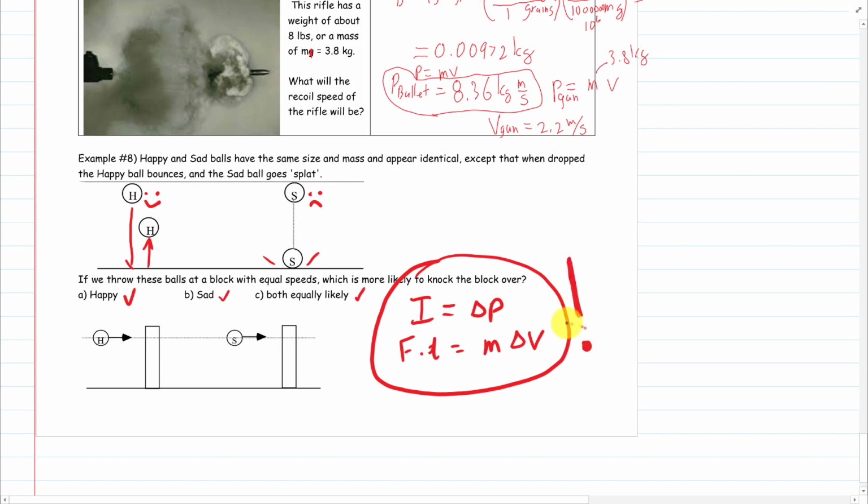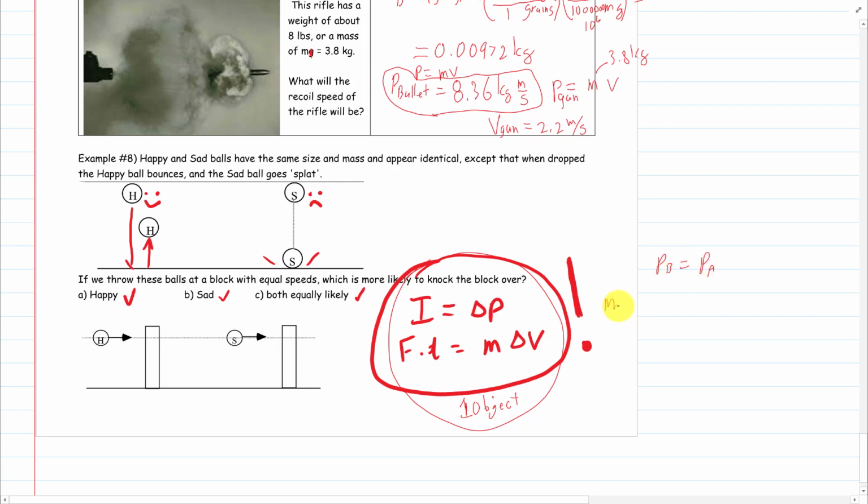Well, no. That's the big thing for one object. This is the one object one. And if there's two objects, each one does this. And for the system, we use the P before equals the P after.